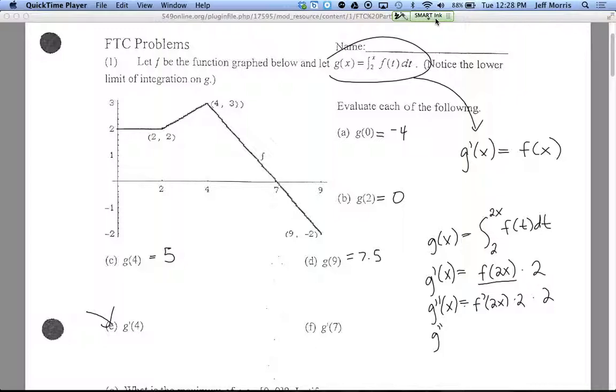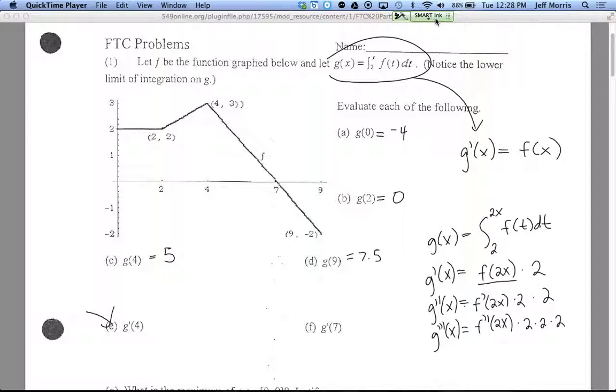Let's see. G triple prime of x. We're going to take the second derivative, chain rule again, then multiply by the derivative of the inside again. Now how many 2's are there? Now, somebody write me a formula for the nth derivative.